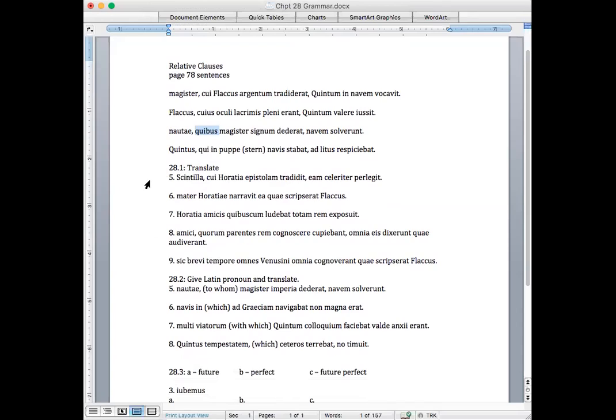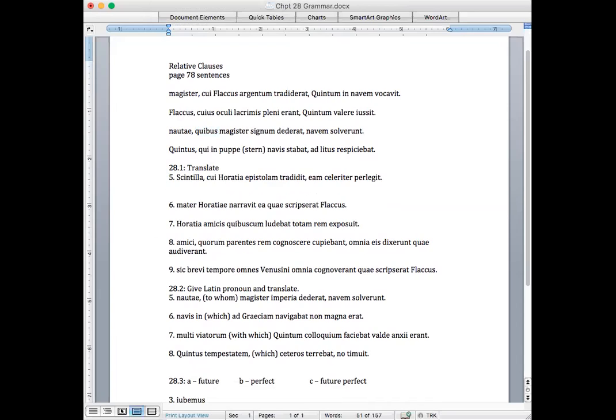So let's look at 28.1. Our directions are here to translate, so we're going to do 5 through 8. So here we are with Scintilla again. So she is going to be the subject. Scintilla. I'm going to leave the relative clause for the second part. Let's look at the main clause.